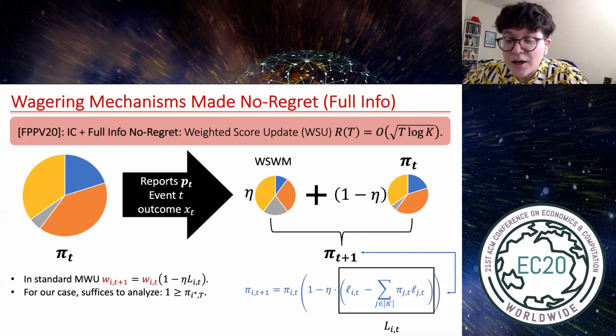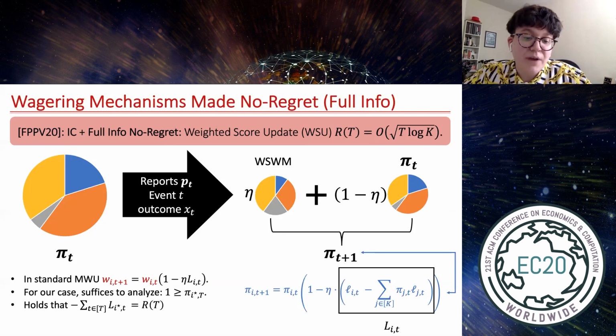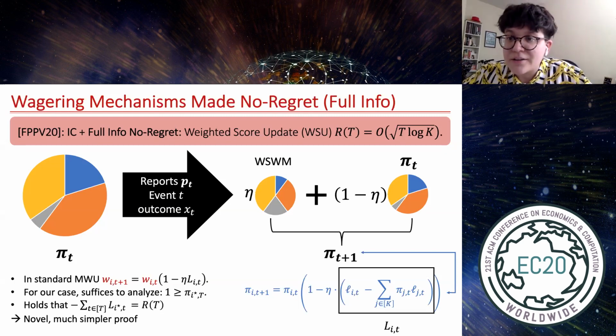Because if you expand this loss function, you'll see that the summation of Li star T for all rounds T equals exactly the regret that this algorithm incurs. And this gives you a novel and much simpler proof. And this is due to incentives, all by itself. It's really interesting that you can have such an algorithm that's concurrently incentive compatible and no regret with a much simpler proof than the standard potential-based arguments.